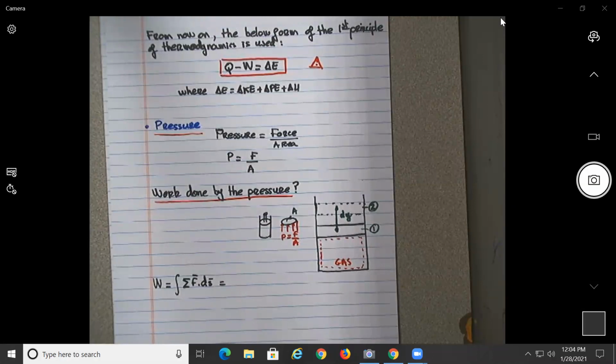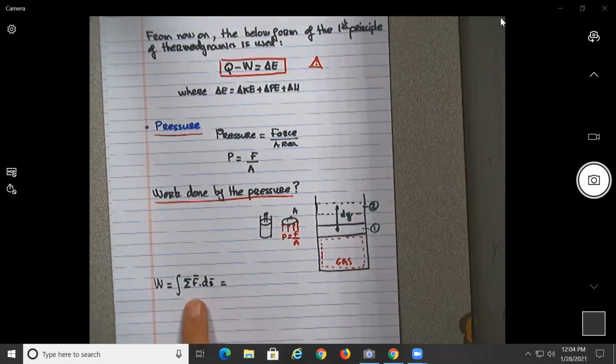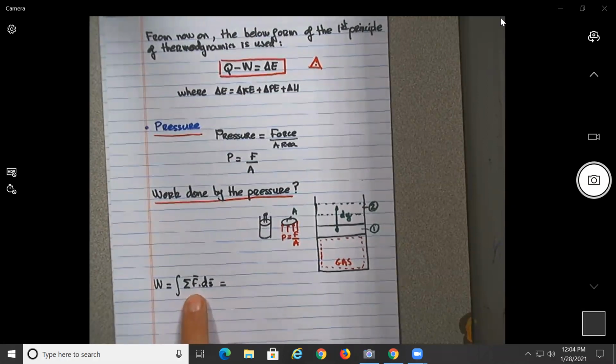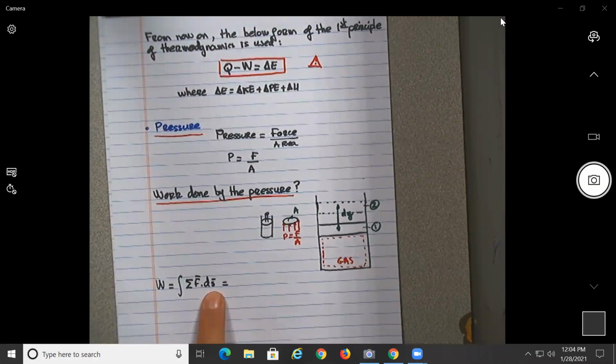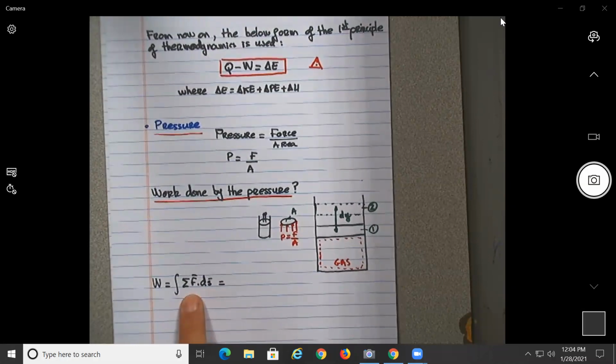If you are pushing the table up, but you and the table are moving down, the force is in the opposite direction of the displacement. So when the force and the displacement are in the same direction, it is known as positive work. If the force and the displacement go in opposite directions, it will be known as negative work.